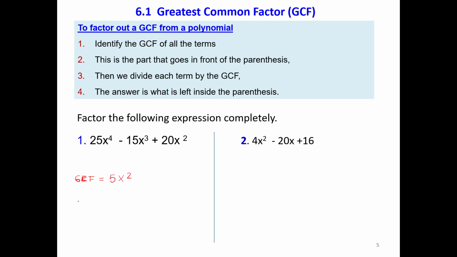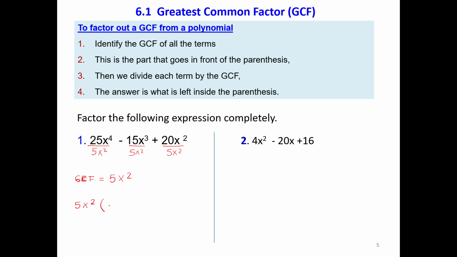Then we know the greatest common factor, this is the number in front. Now to get what is left inside the parentheses, we divide each of these by the greatest common factor. And the answer is what we need to write inside the parentheses.